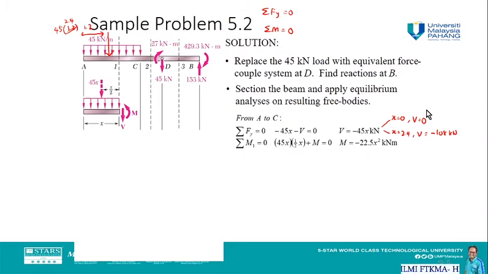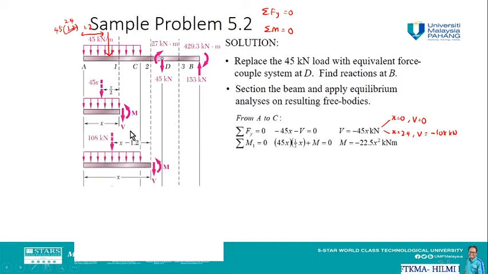And if we continue, next from point C to the point immediately before point D, the distance is merely x. But this time the concentrated load will be located at a distance of x minus 1.2, so we know that this distance is 1.2 meter.